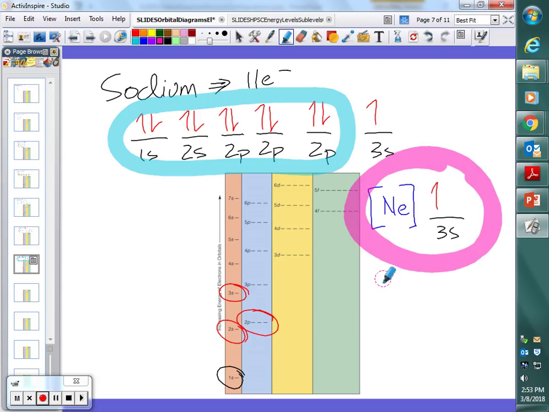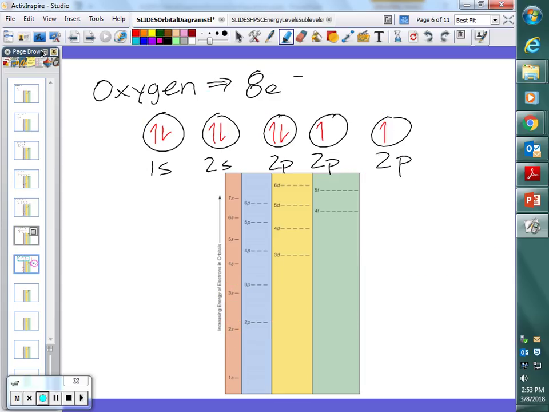Okay. This is our noble gas configuration orbital diagram. Now, here's something that you can't do. Here's oxygen. Don't pull this.